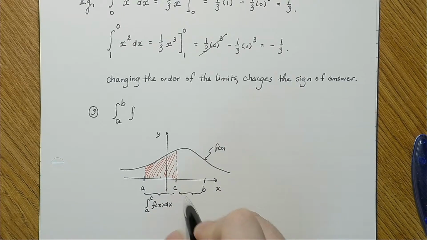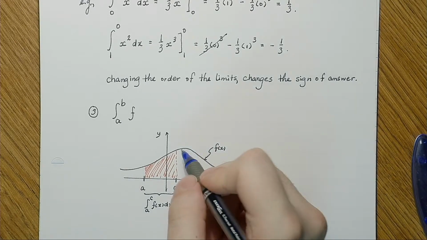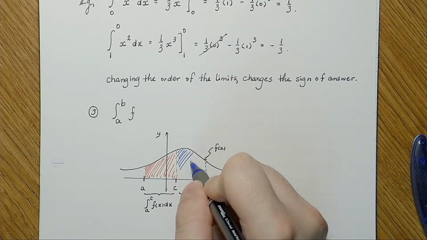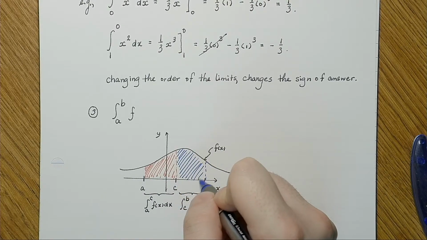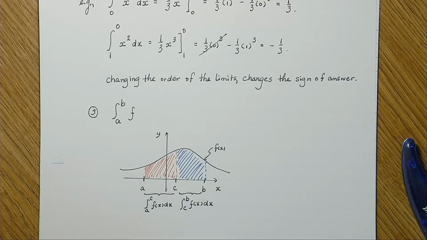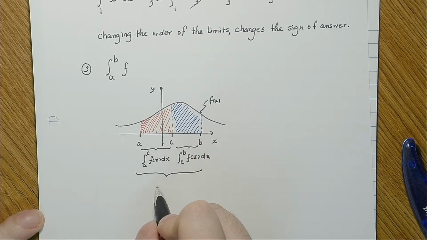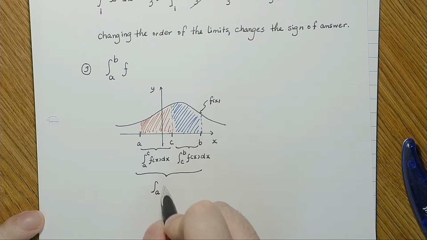And from C to B of f of x dx, that's all this area here. If I add those two areas up, that's equal to the integral from A to B of f of x dx.